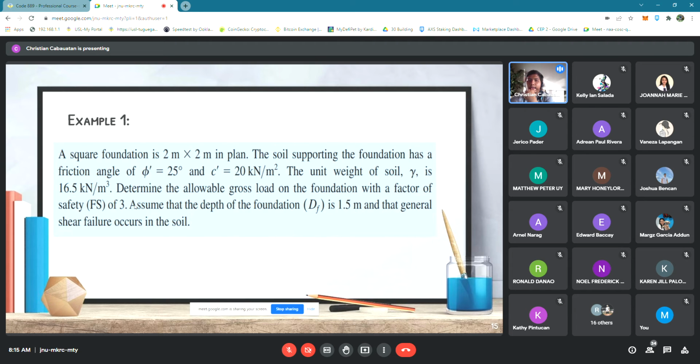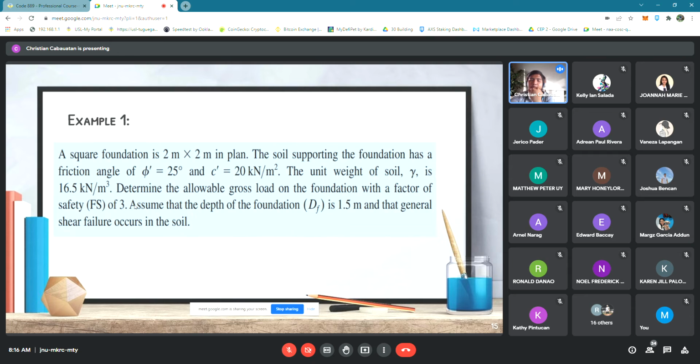So this problem is a square foundation, and the given data are already there. The friction angle, which is 25, the cohesion, the unit weight, the factor of safety, and also the depth of our footing.